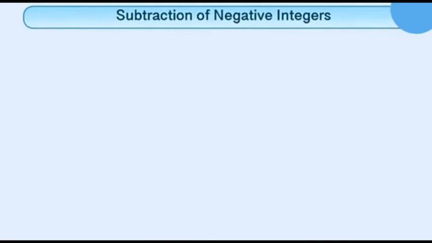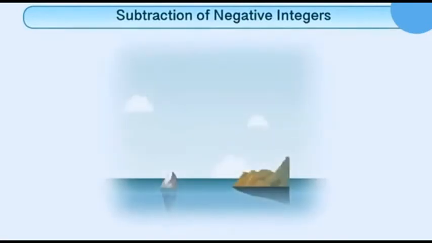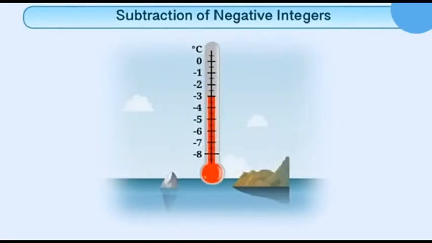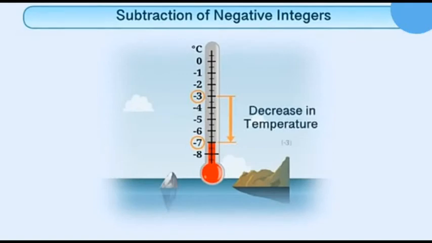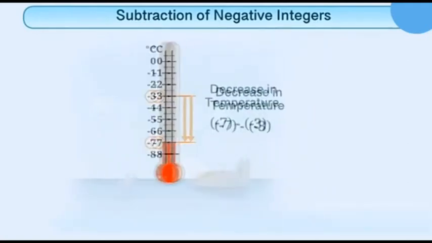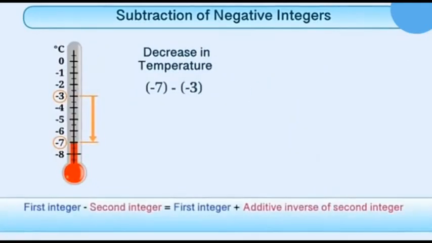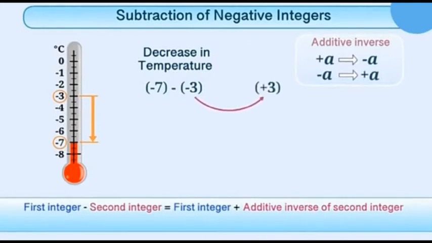Next example. Suppose the temperature of a place decreases from minus 3 and reaches minus 7. So the decrease in temperature can be found by subtracting minus 3 from minus 7. In this case, we will find the additive inverse of the second integer, minus 3. That is plus 3. And we will add this to minus 7.